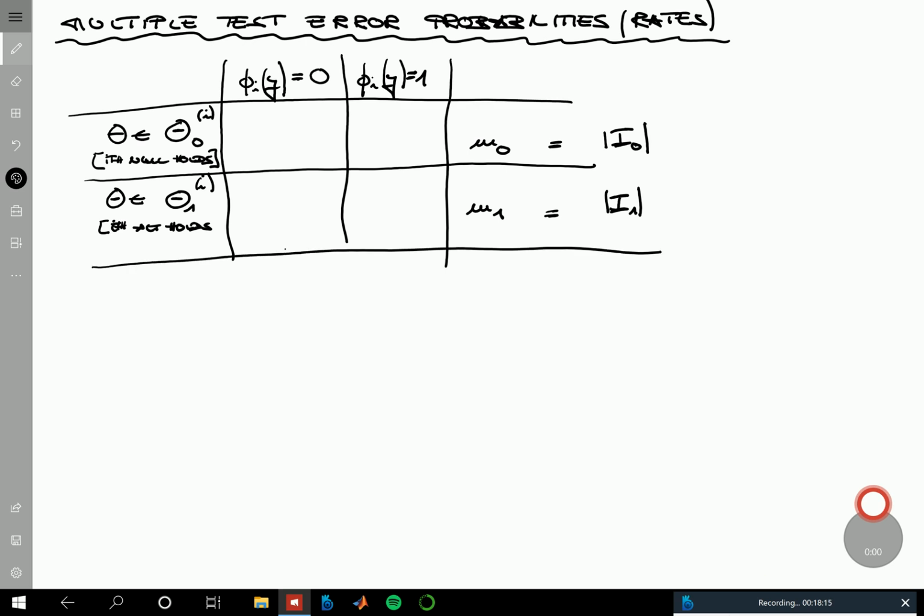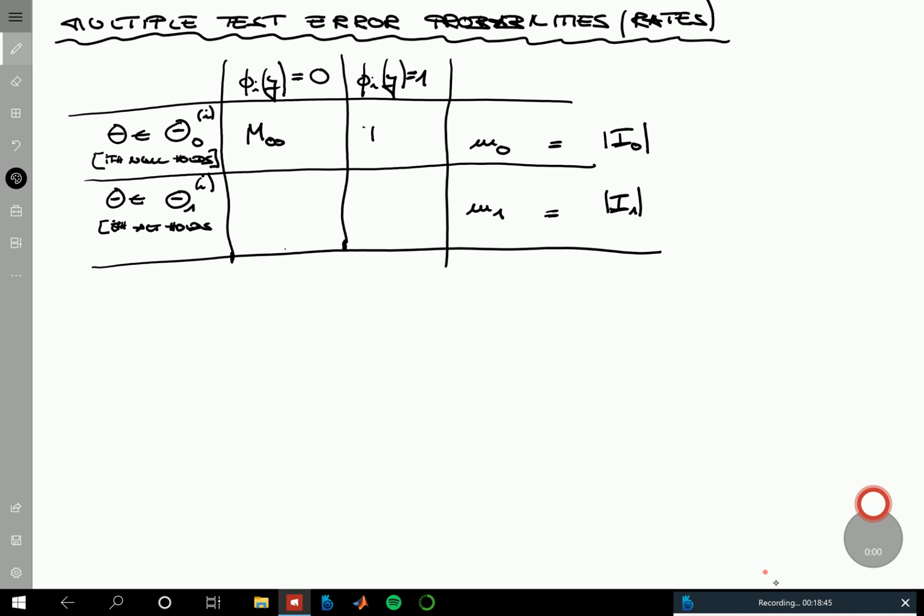So these numbers that now go into these tables, these are the numbers of cases that these things hold. So this M00 is the number of tests that come out 0 where the null hypothesis holds.